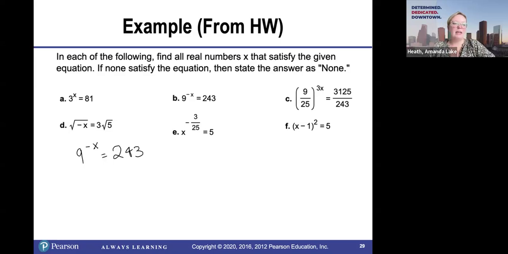You can do this by hand or use a calculator. I'm going to use a calculator right now for brevity. If I take 243 and divide by 9, I get 27. Then if I divide by 9 again, I'm left with 3. So this is 9 times 9 times 3, so it's 9 squared times 3.